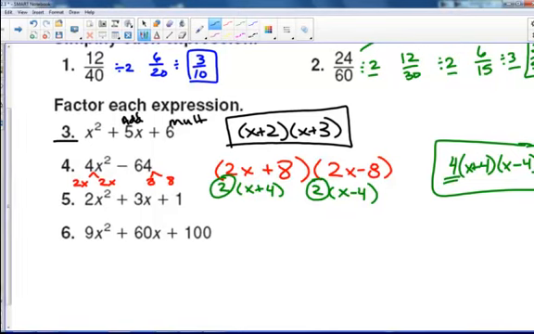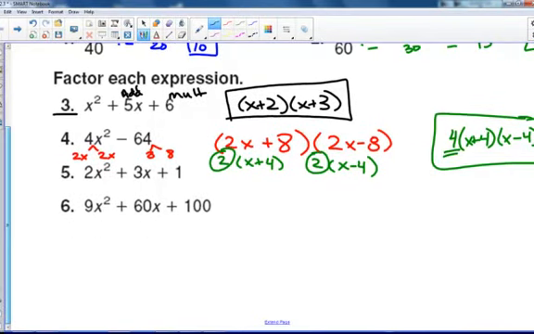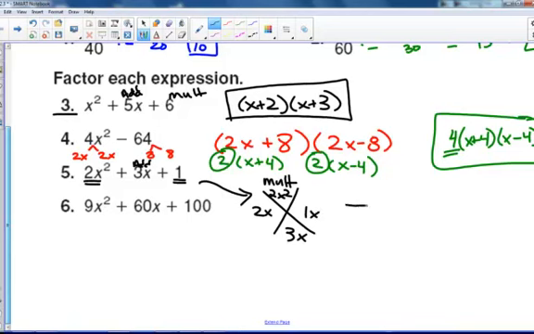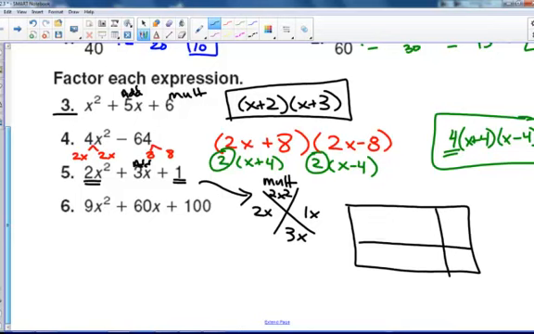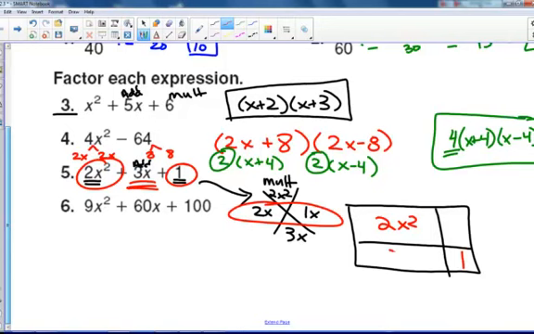All right, so this next one, I'm going to look at a box. So I'm thinking of what two numbers multiply to give 2x squared times 1, which is 2x squared, and add to give 3x. So that's 2x and 1x. Now, when I draw my box, I am putting in 2x squared, 1, and then for 3x, I'm putting in a 2x and a 1x.